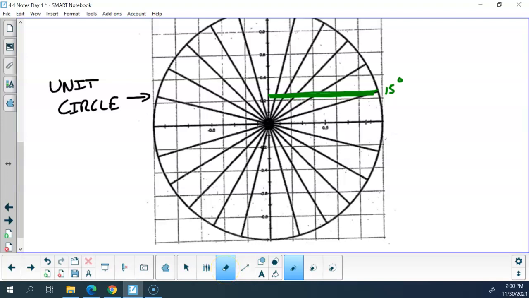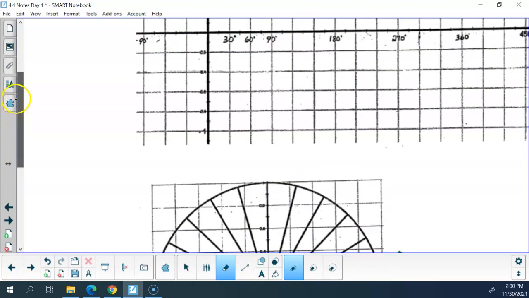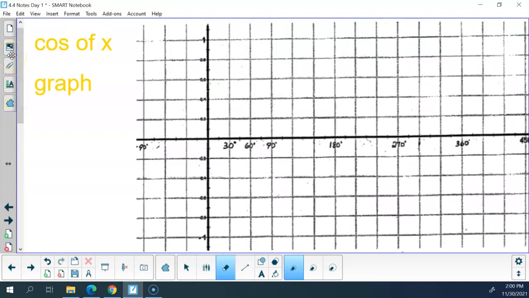But, here's the big but. Okay? Here's the big but. When you go to put it, that's 1, 2, 3, 4, a little bit less than 5 blocks. When I go to put it on here, 1, 2, 3, 4, a little less than 5 blocks. That's where it would go.